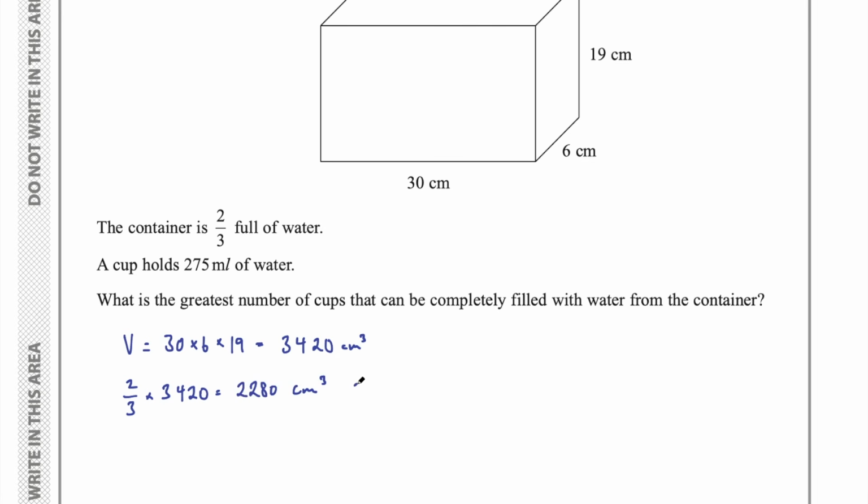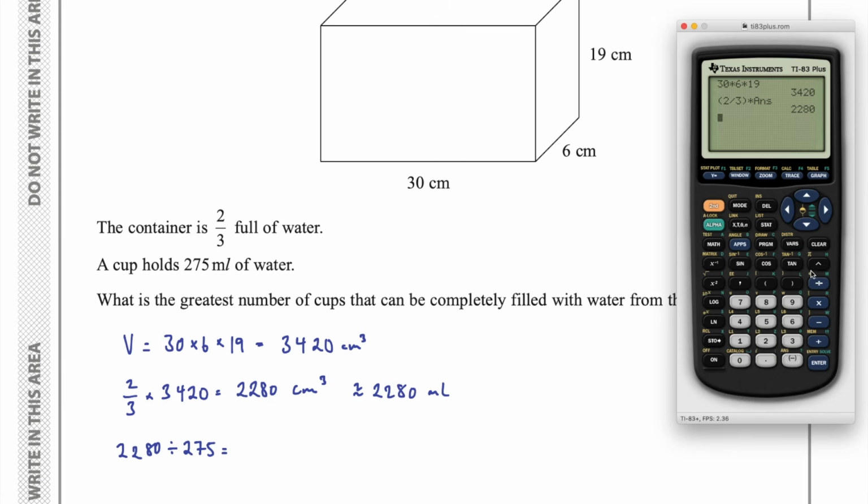In other words, approximately 2,280 milliliters of water. And then to find the number of cups we can divide this by how many milliliters in a cup, which is 275. So 2,280 divided by 275. So take that answer, divide by 275, and I get 8.29 and so on.